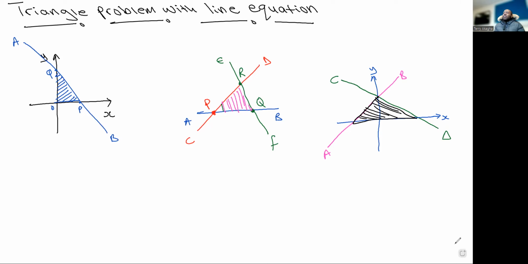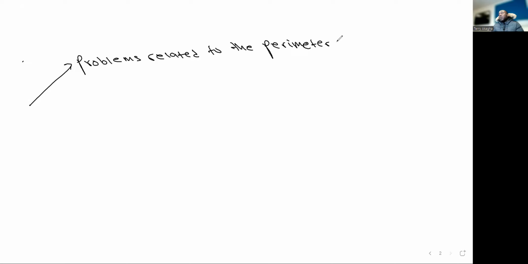Okay, so in this series, we're going to discuss two things. We're going to discuss problems related to the perimeter of a triangle. So in that kind of situation, how do you find the perimeter? I'll show you how to find the perimeter.